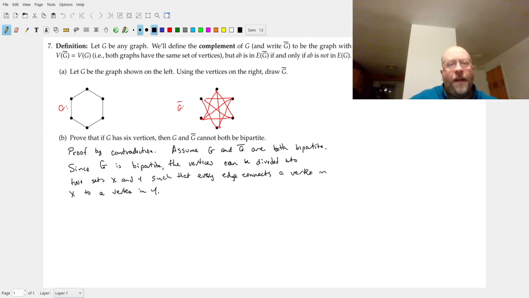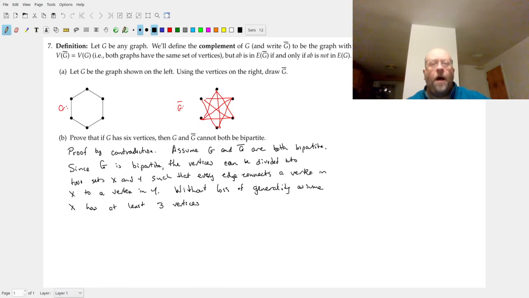And what I'm going to say here uses some language that we don't use too often in this course, but we use it from time to time. Without loss of generality, assume X has at least 3 vertices.